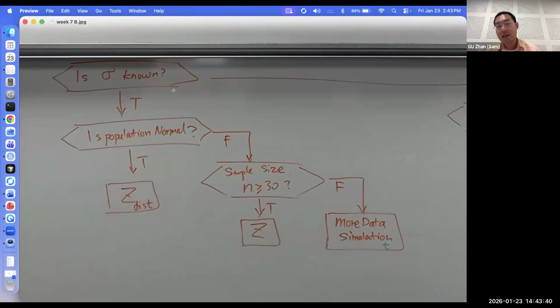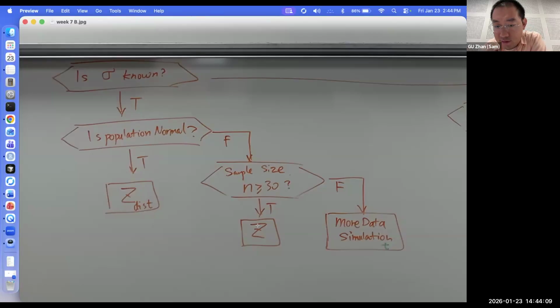First you check the data that you have, the problem at hand: is the sigma known to you? If the population standard deviation is known to you, then you ask yourself, is the population known to be normally distributed or not? If it is, you go use the Z distribution straightforward. If it's not a normal distribution, or you are not aware, you're not sure, then you check the sample size.